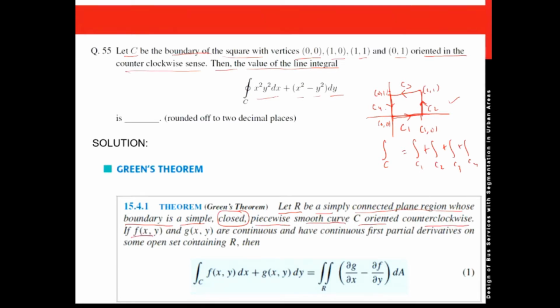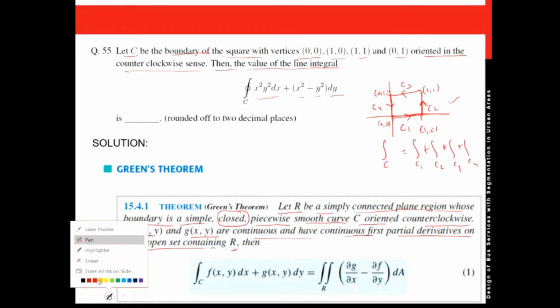If f(x,y) and g(x,y) are continuous and have continuous first order partial derivatives in some open set, then this is the important part.